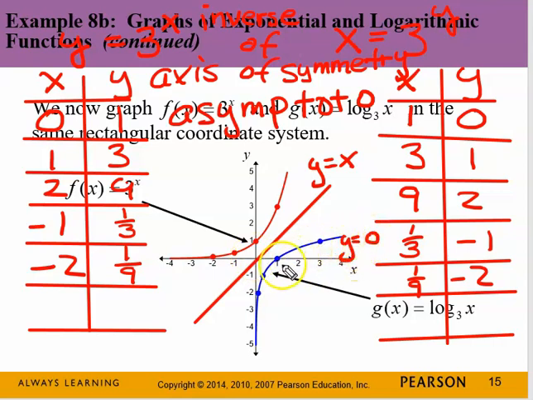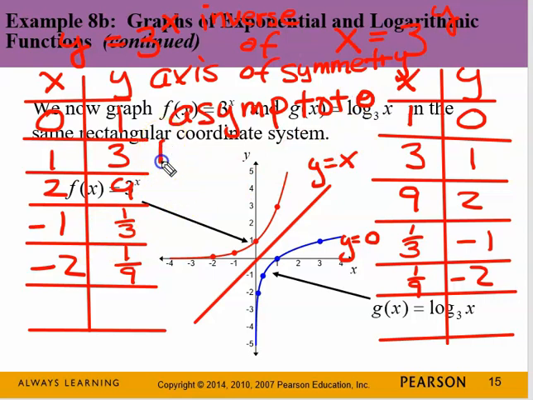Now the blue line, as it gets closer and closer to the y-axis, never reaches the y-axis and is the vertical asymptote. Okay. And we've already defined that.